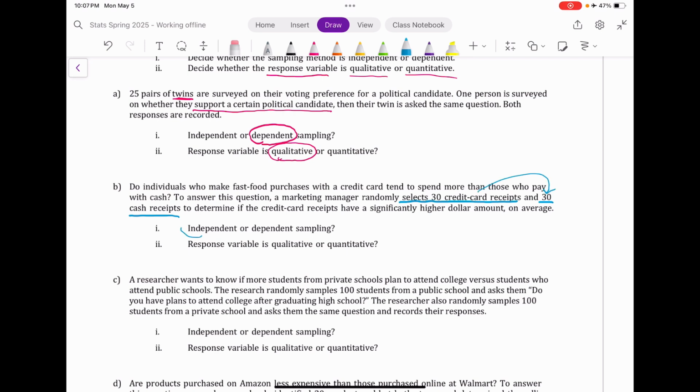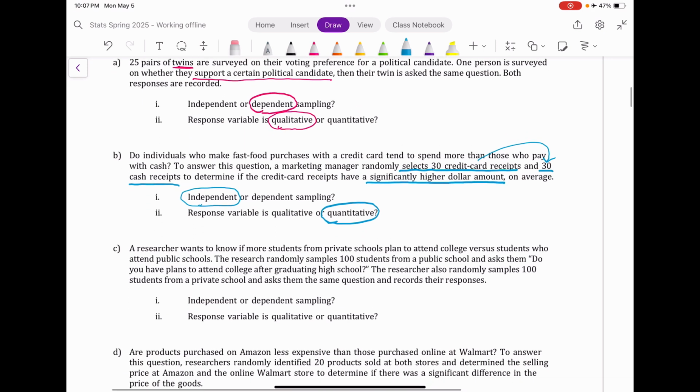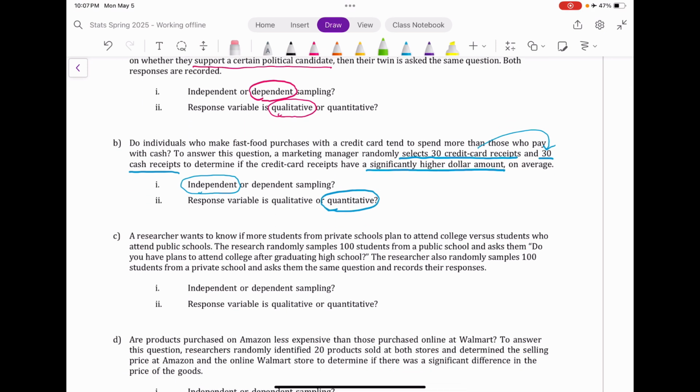So this is independent sampling. And they're trying to determine if the credit card receipts had a significantly higher dollar amount, and that's indicative of that being quantitative.